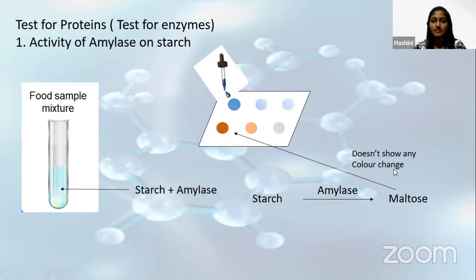When maltose is present in this food sample, it will not show any color change because there is no more starch present in this mixture. Okay, so this is the first test for proteins, and here we identify whether this enzyme is present or not.